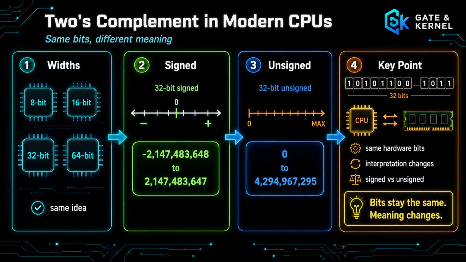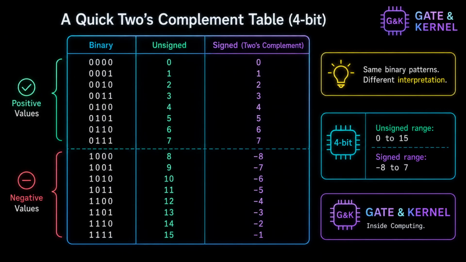The same 32 bits, interpreted as unsigned, range from 0 to 4,294,967,295. The hardware bits do not change. Their interpretation changes.